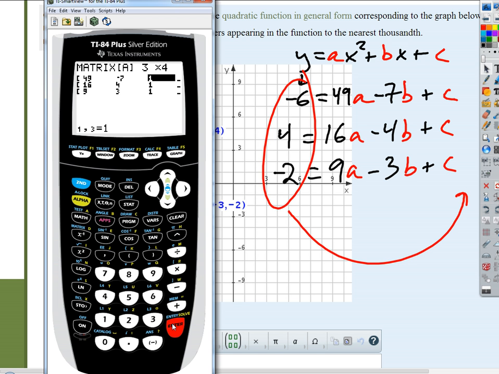So minus 6. Okay, 16, minus 4, 1, 4, 9, minus 3, 1, minus 2. Good. So there's our matrix.